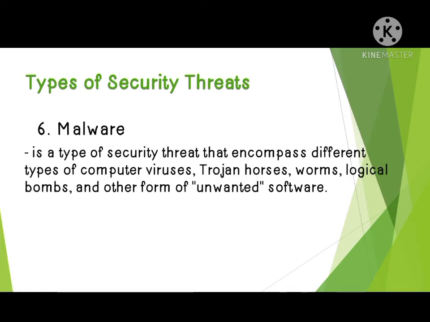The next one is malware. It is a type of security threat that encompasses different types of computer viruses, Trojan horses, worms, logic bombs, and other forms of unwanted software.